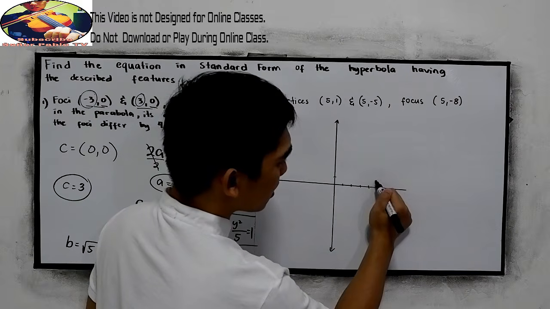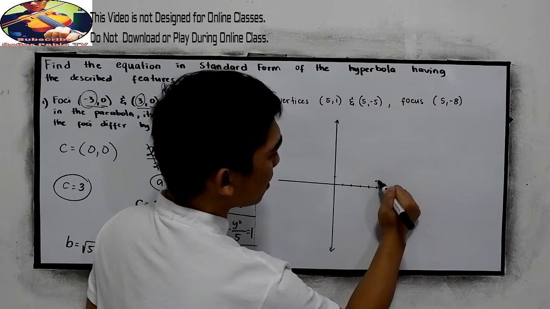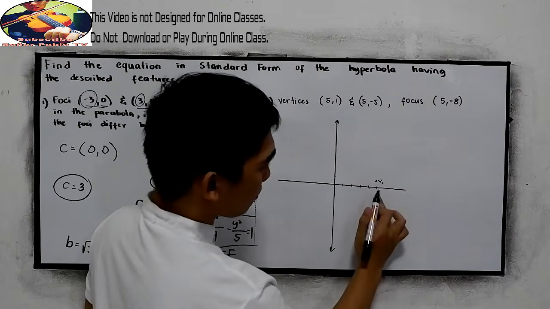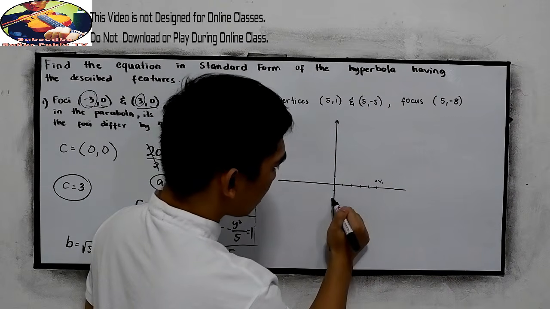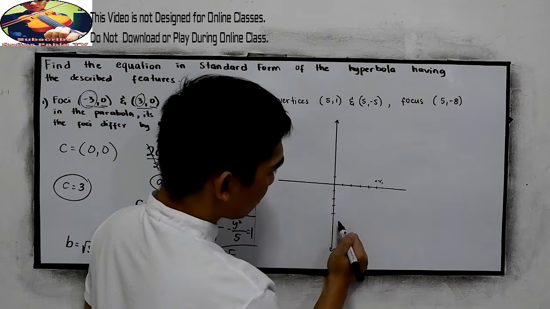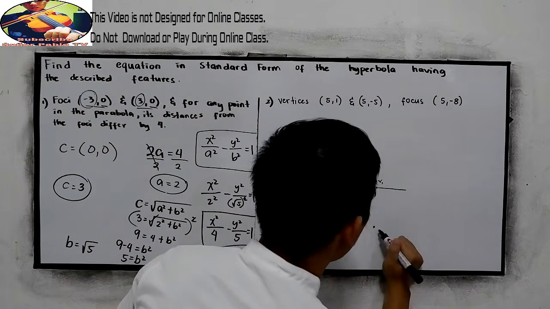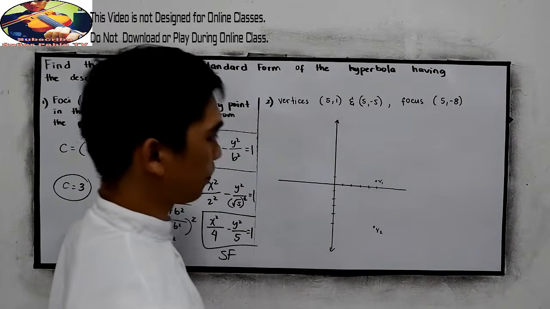So it's here. This is, let's say, vertex 1, and 5, negative 5. 5, then negative 1, negative 2, negative 3, negative 4, negative 5. So this is the vertex 2.